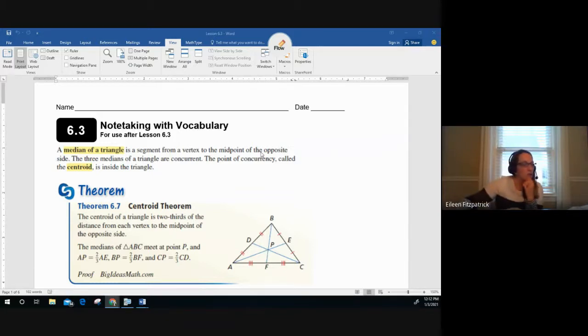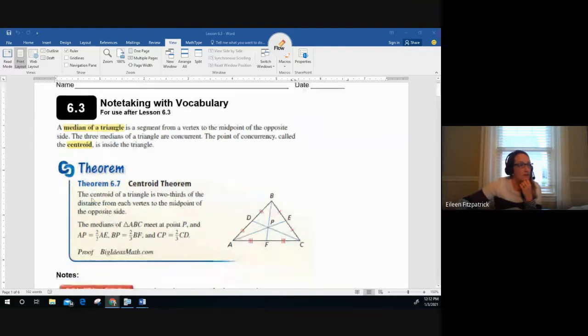Okay, so we have a theorem. The centroid of a triangle is 2/3 of the distance from each vertex to the midpoint of the opposite side. All right, so I'm going to break that down for you a little bit. It says here the medians of triangle ABC meet at a point P, which again is called your centroid, and AP, the distance from A to P, is equal to 2/3 AE.